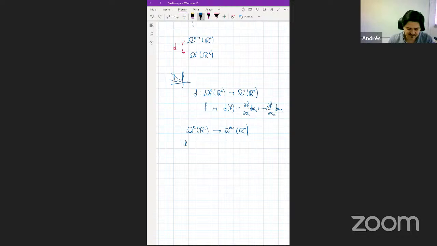So I have a function like this. And what is the differential of this? Okay, assume that this is alpha.